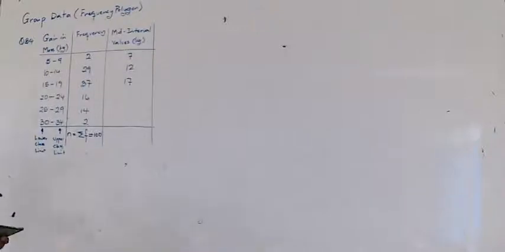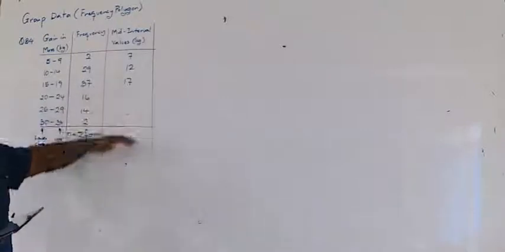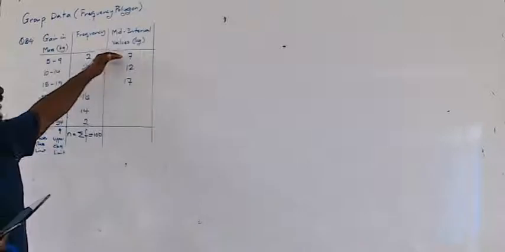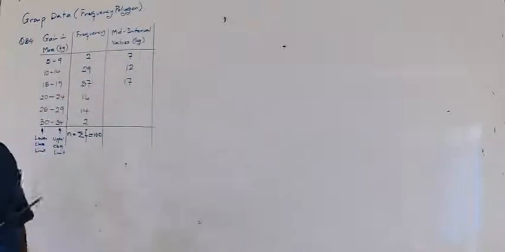The first thing we're asked to do is copy and complete the mid-interval values column. Here's something you should notice. The mid-interval values are the class midpoints. They go up by a fixed amount. Look and tell me how much it is going up by.